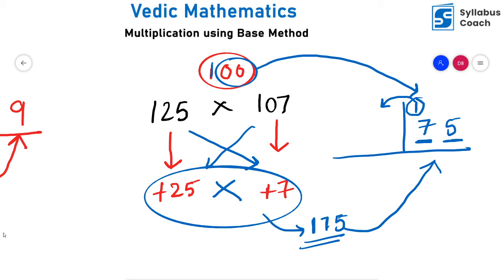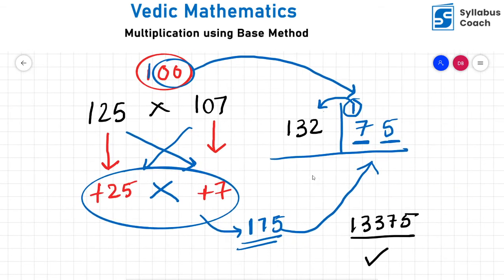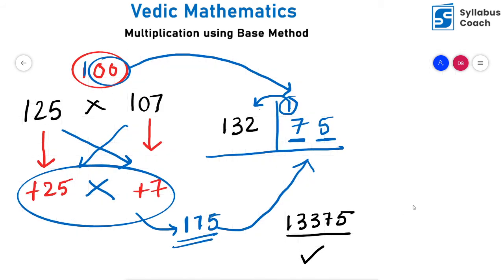It's nothing but 132. But 1 is there here. So you sum 1 plus 132, you get 133, and the answer for this question is 13375. Amazing. This is a shortcut that will really help you to solve the question in less than 15 seconds.